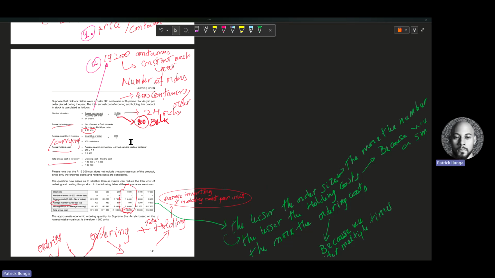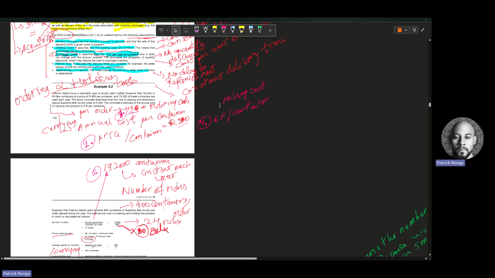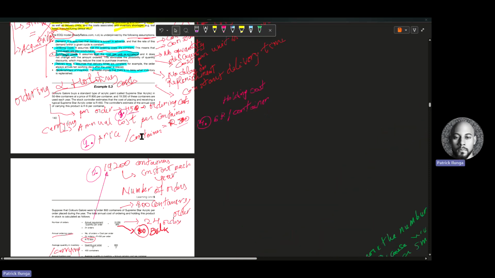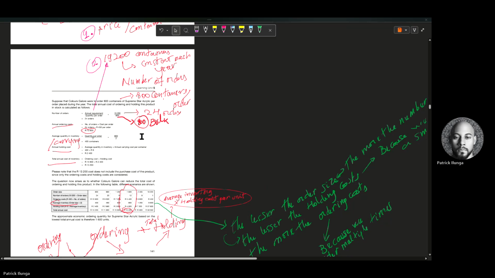Now for the carrying, do you remember the carrying on the other side? There's 6 Rand per container. All right. For the EOQ formula to work, we need to find the average quantity in inventory.